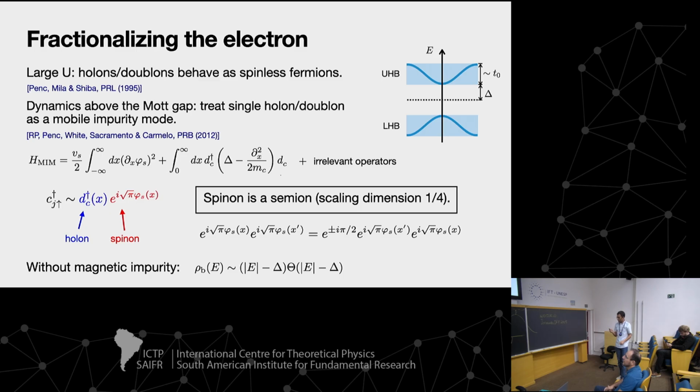And here you pick up a phase of pi/2, so it's a semion. It's not a fermion. And this is the theory for the bulk. Without the magnetic impurity, we can use this theory to predict that the density of states near the boundary will vanish linearly as you approach the Mott gap from above.